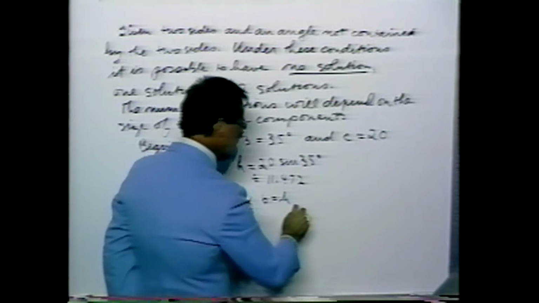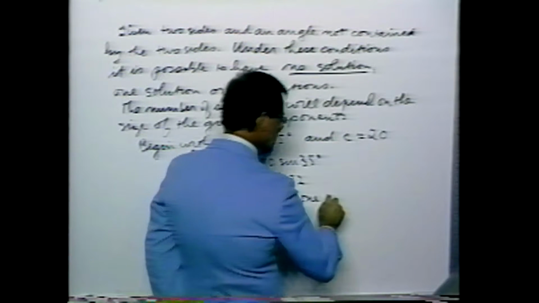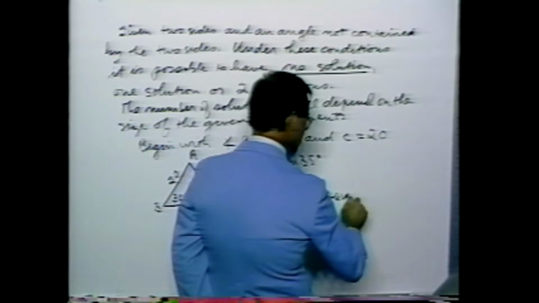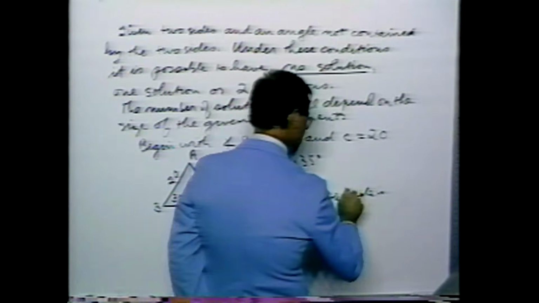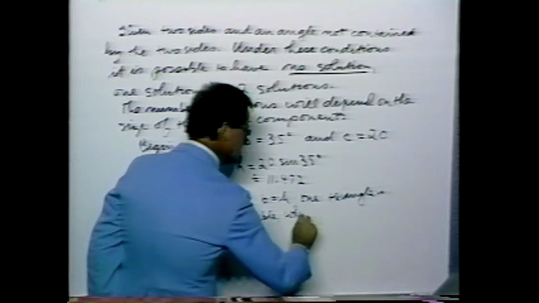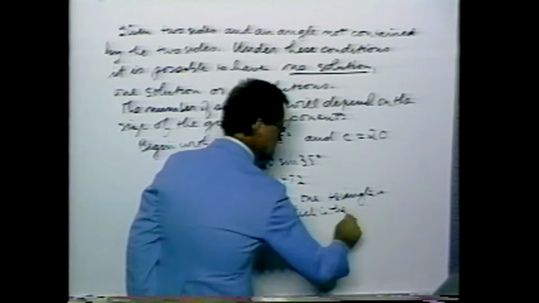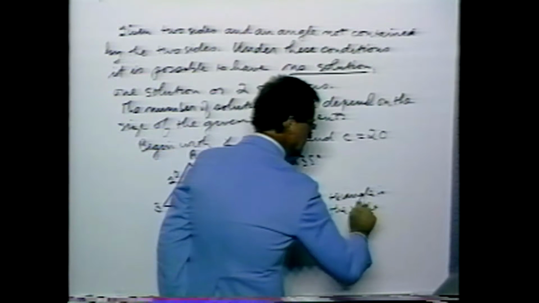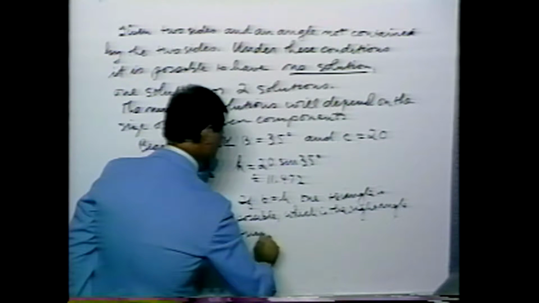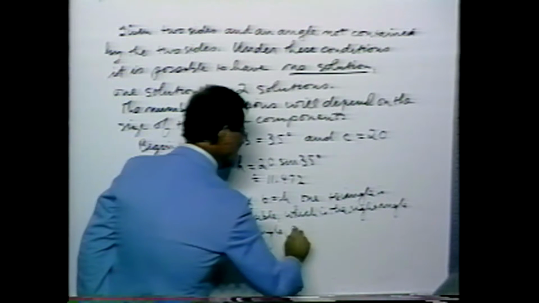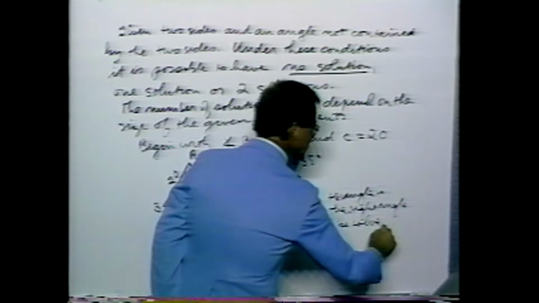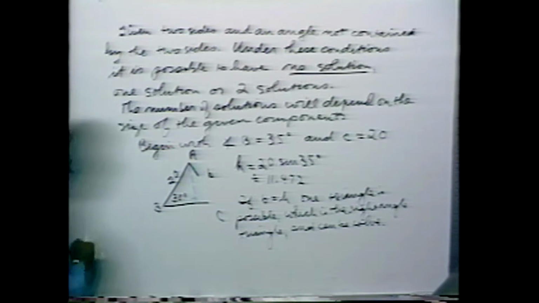So if B is equal to H, one triangle is possible, which is the right-angled triangle. And it can be solved. So you have only one set of solutions for this right-angled triangle.